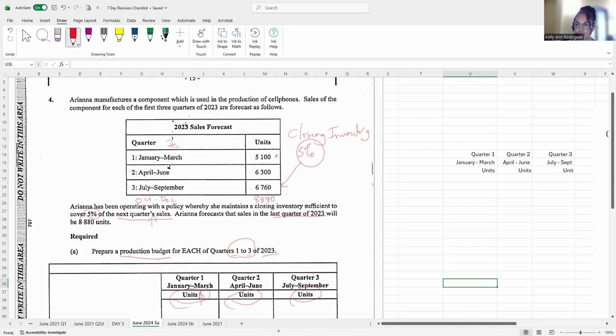Your closing inventory in the third quarter will be your opening inventory in the last quarter. And your opening inventory in the first quarter would have been your closing inventory in the last. And so you go forward and forward. I hope this is making sense to you all, because it's a 5% projection of the amount in the next quarter.